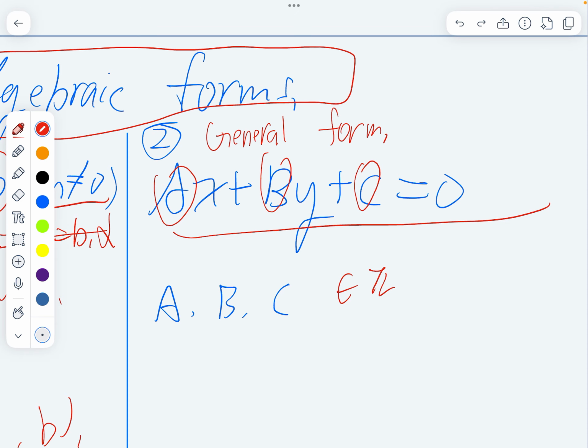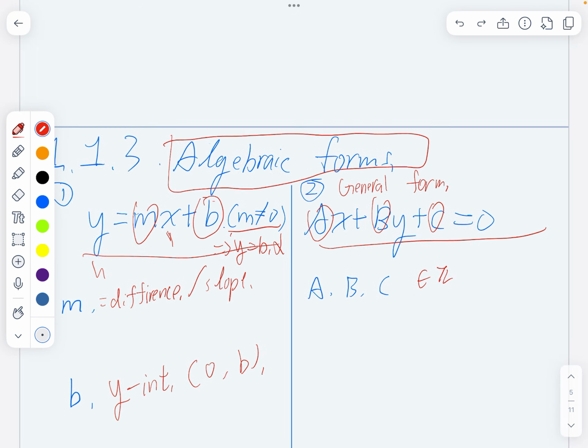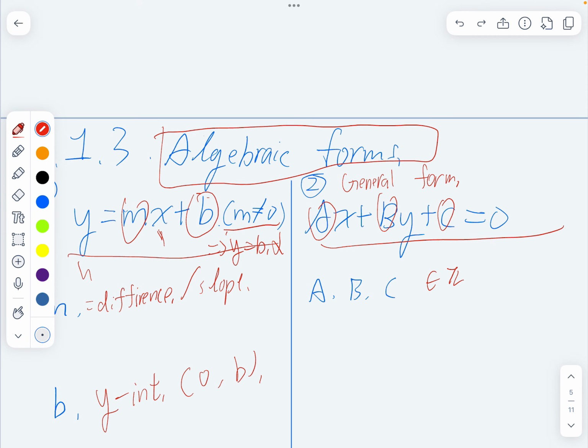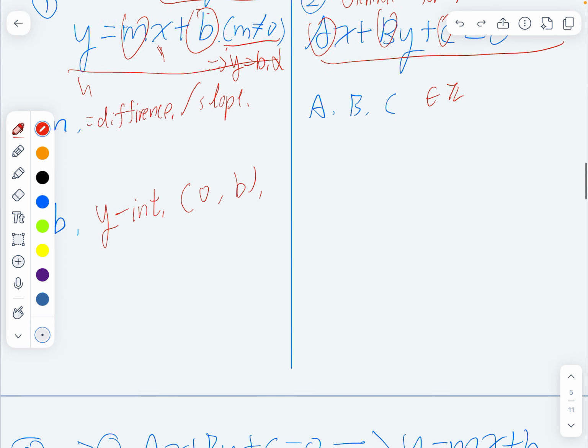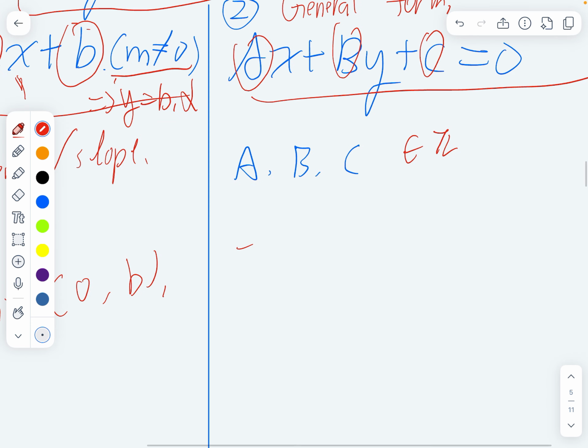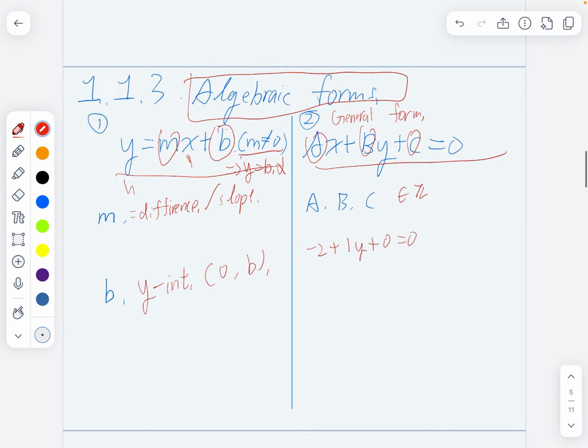So they only keep the integers. For example, negative 2x plus 1y plus 0 equals 0, right?